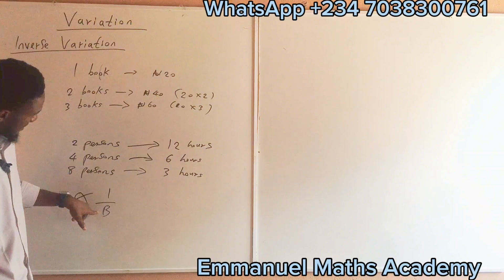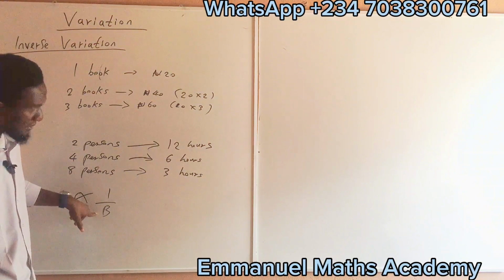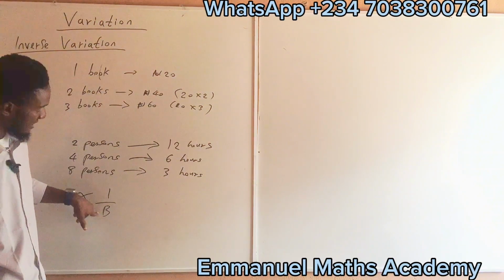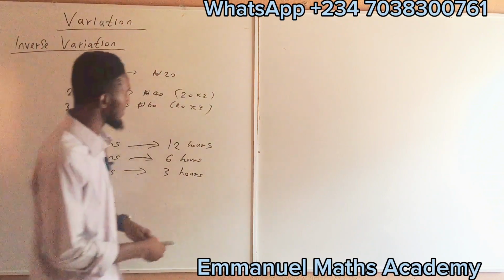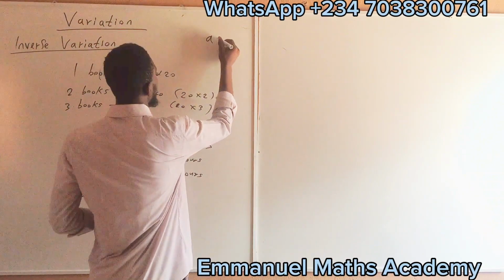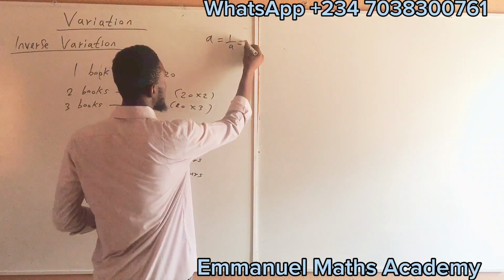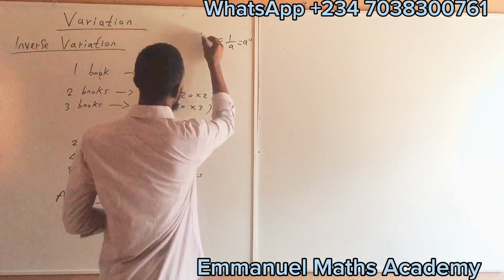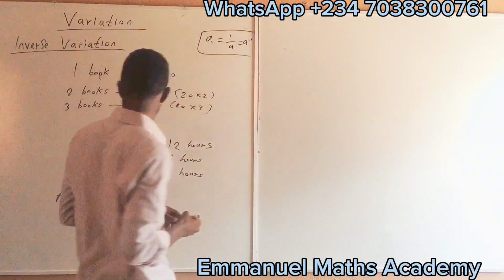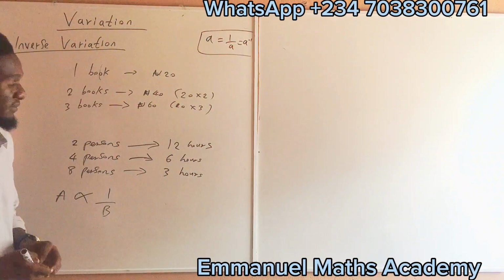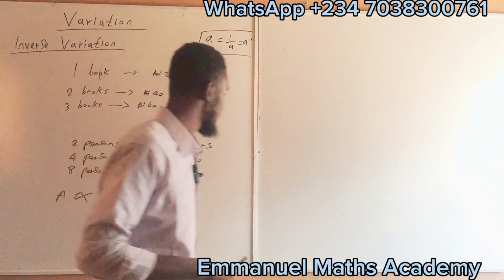From the basic law of indices, you know that the inverse of A is 1 over A, which is the same thing as A power minus 1. Is that correct? Now let's look at an example.